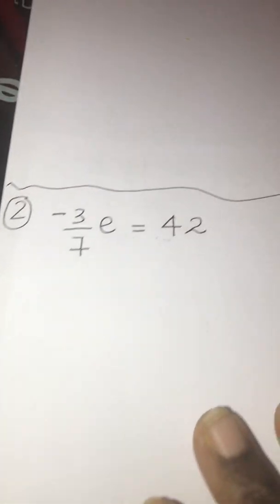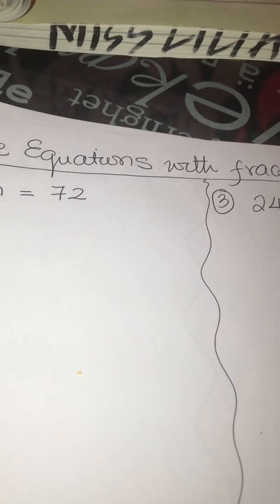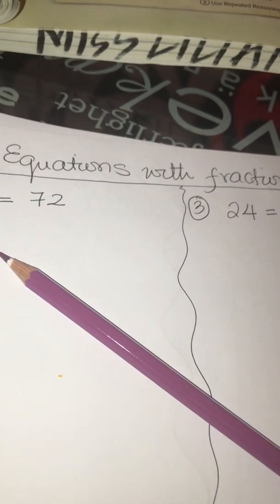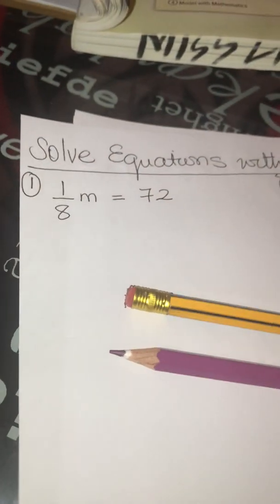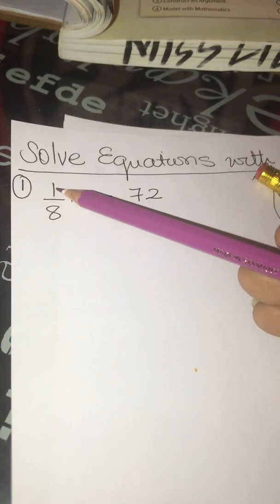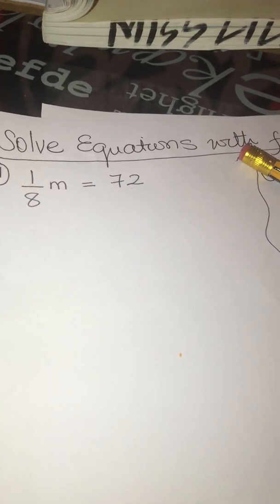So now, let us look how we are going to solve equations with fraction coefficients. So, I want you to use a different color. You need to have 2 colored pencils, your pencil and a different colored pencil when you're doing this activity. So now, here, we read this as 1/8 multiplied by m equals 72.